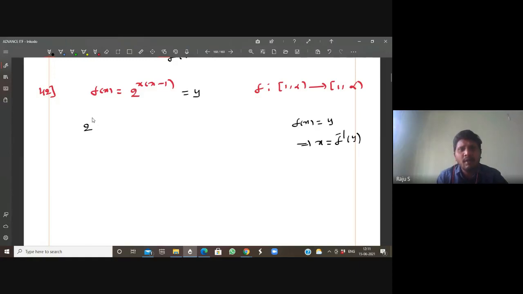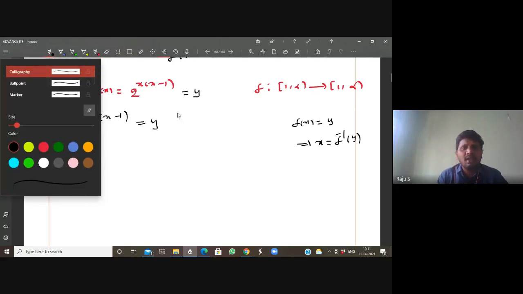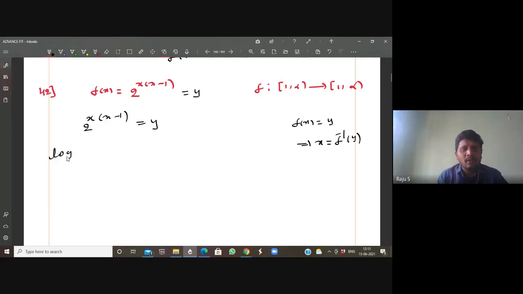So 2 power x into x minus 1 equals y. Now, whenever we want to find the x value here, apply logarithm on both sides. When you take log on both sides, log of 2 power x into x minus 1 should be equal to log y.